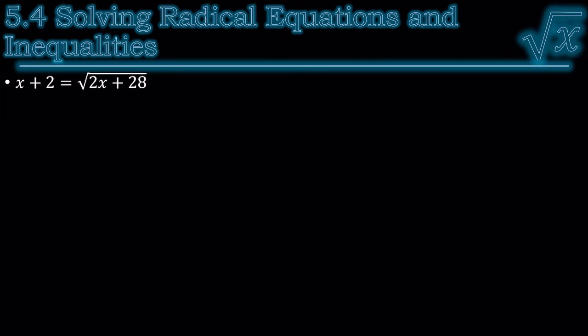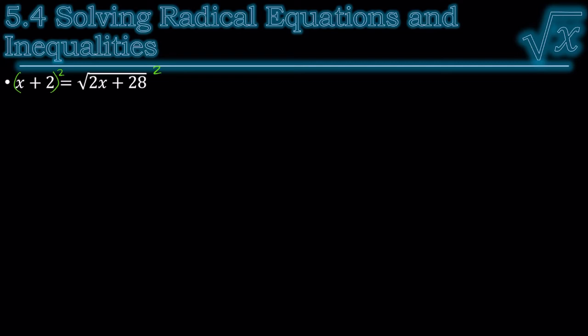All right, here we go. Again, we have an x on both sides. We need to isolate the radical. It's isolated. So let's get rid of it. It's a square root, so I'm going to square both sides. There's more than one thing over here, though, so I need to put it in parentheses. And remember that x plus 2 squared is not x squared plus 2 squared.